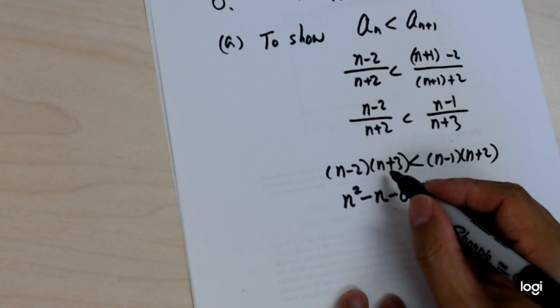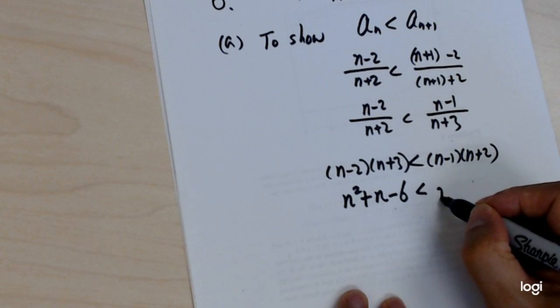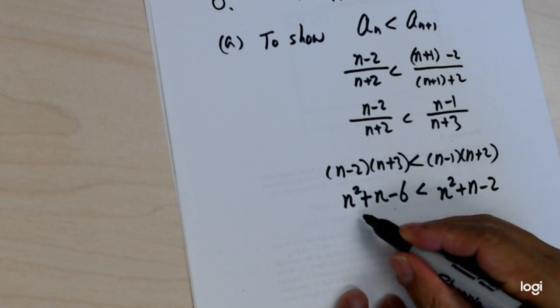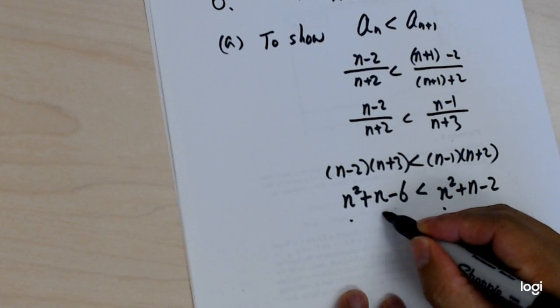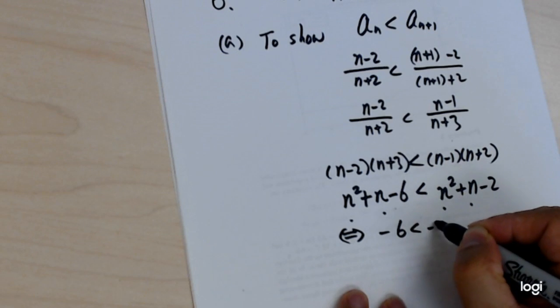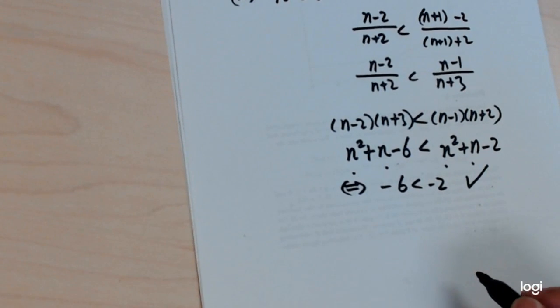This is not minus, sorry, it's plus, right? Negative 2n plus 3n squared plus n minus 2. Identical terms cancel. So this is equivalent to saying negative 6 is less than negative 2, which is trivial. So that's how it shows it's increasing.